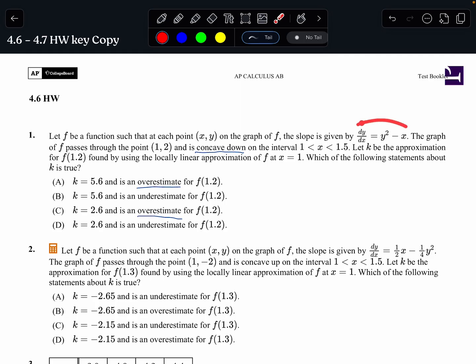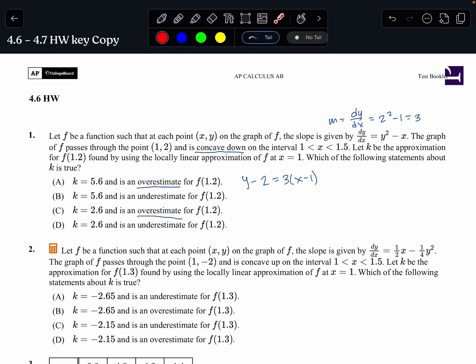We know that the slope is given to us, and we have a point. If I plug in that point, the slope dy/dx is going to be equal to 2 squared minus 1, which is equal to 3. So my tangent line is y minus 2 equals 3 times (x minus 1).